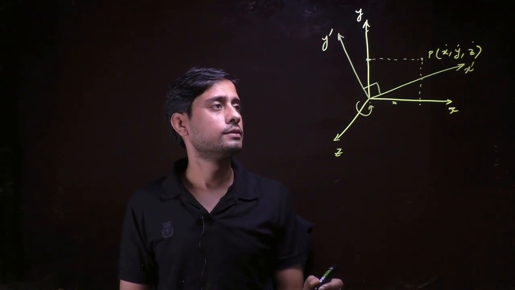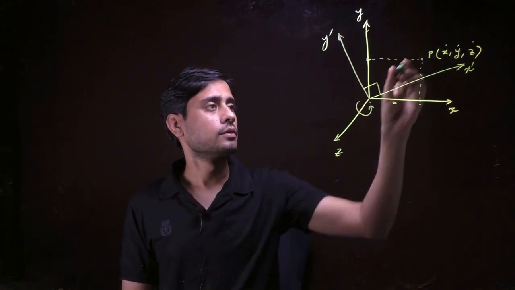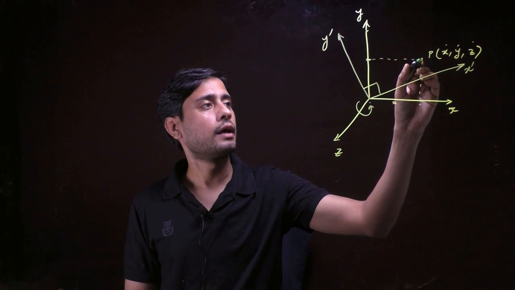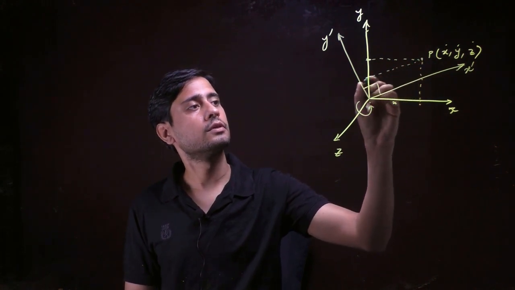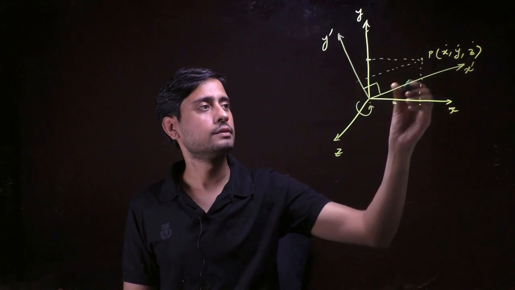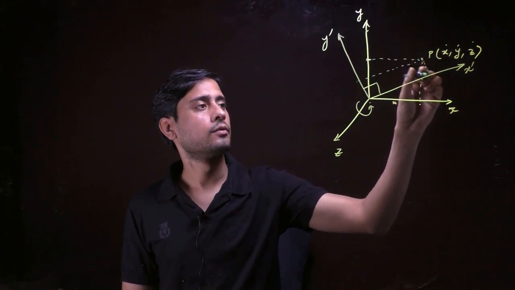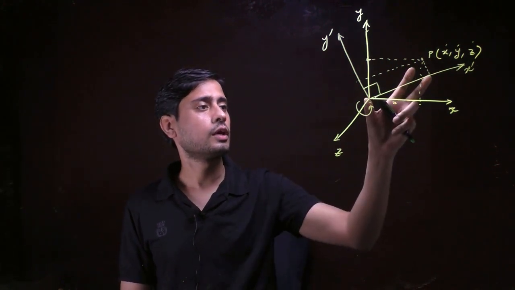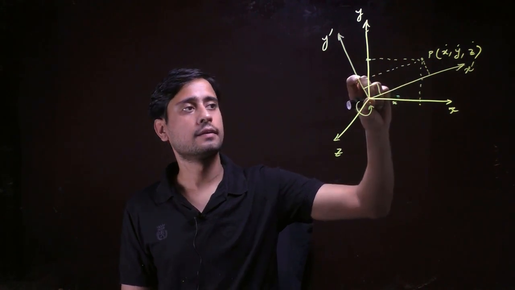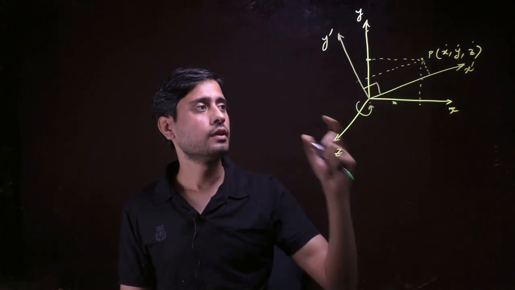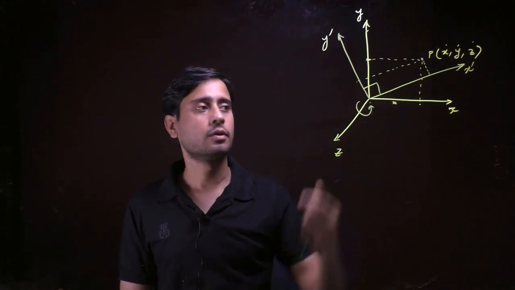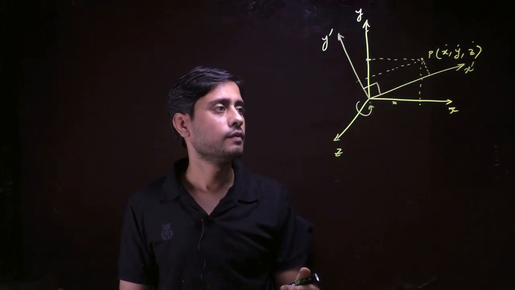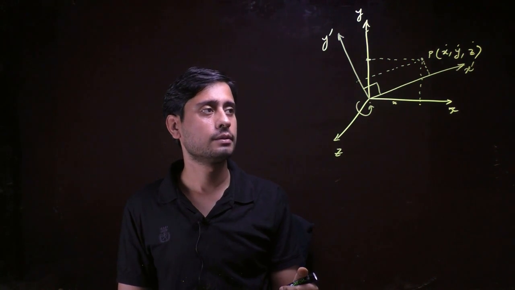So in the new coordinate system, what should be the new coordinates of the same point? For that you will have to draw parallel lines to the new axes. This is a parallel line to your x prime axis, and this is the parallel line to your y prime axis. If we somehow calculate this length and this length, then we will know the new coordinates of the point P. We will calculate it by specifying some angles.